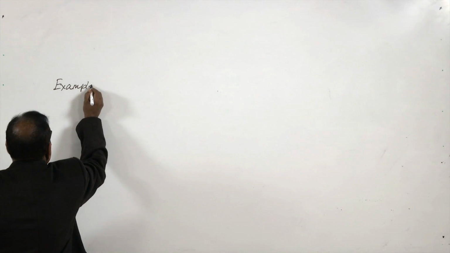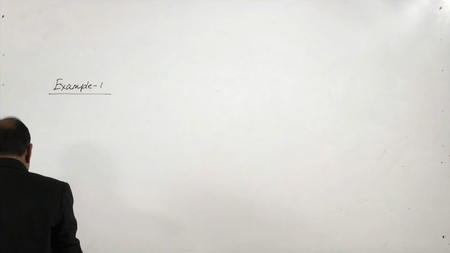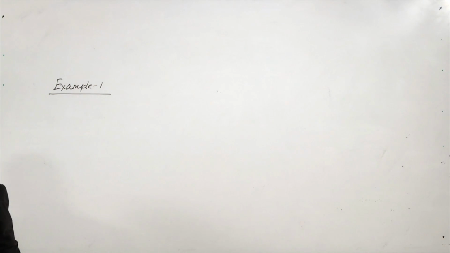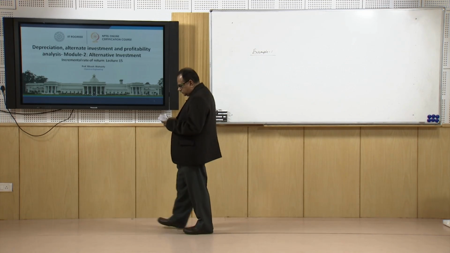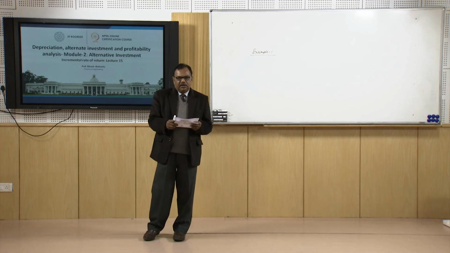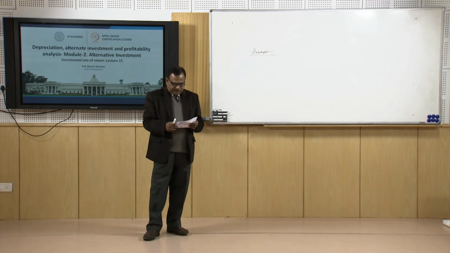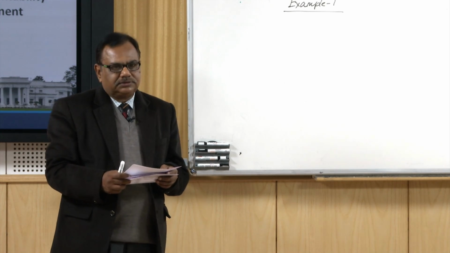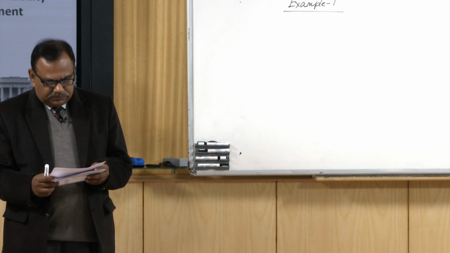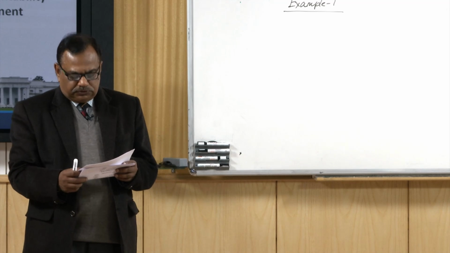This is example number 1. The example tells that there are three construction plans A, B and C before a contractor. Plan A involves construction of 2 floors, plan B 3 floors and plan C 4 floors.